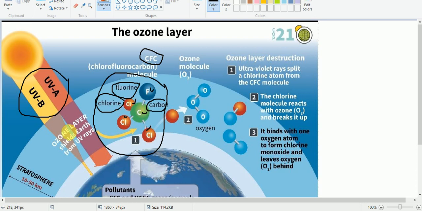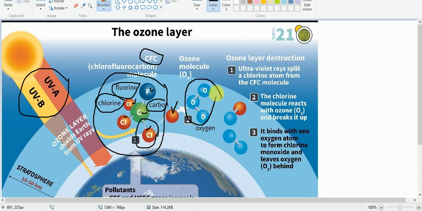When a UV ray strikes this CFC molecule, one chlorine atom is separated, or split off, and this chlorine atom will react with ozone, O3.